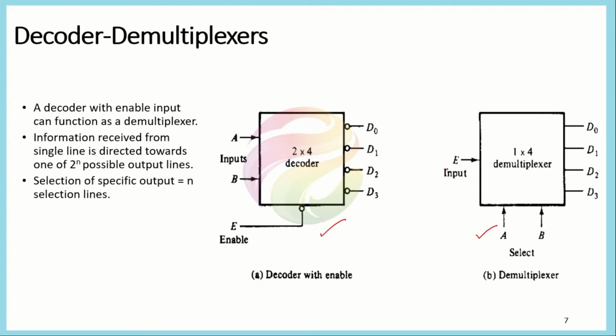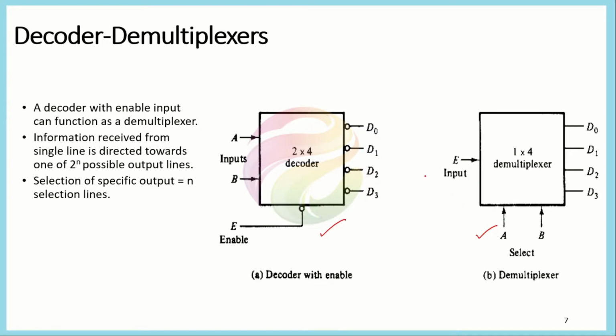And if we look at the demultiplexer, which we discussed in the last lecture, if we consider the enable pin as an input to the system, and we have a 2-bit selection line for a 4 output system, then it will perform the same function as this one, because A and B will act as an input, and the enable pin at the input will act as the normal enable which is given in this circuit.